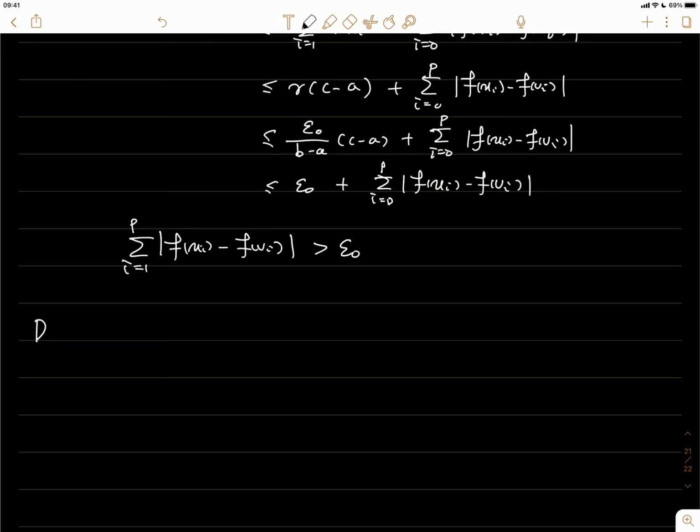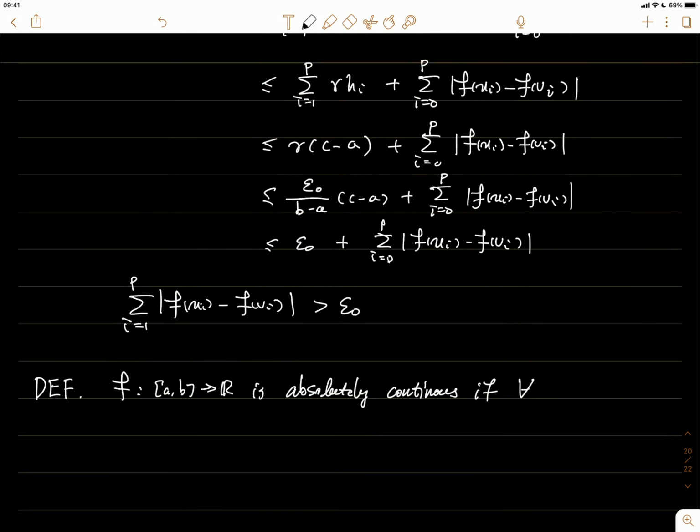So let's define the absolute continuity. So the function f is absolutely continuous if, so previously we showed that there exists epsilon 0 so that for any delta and so on, and now we just do the reverse.